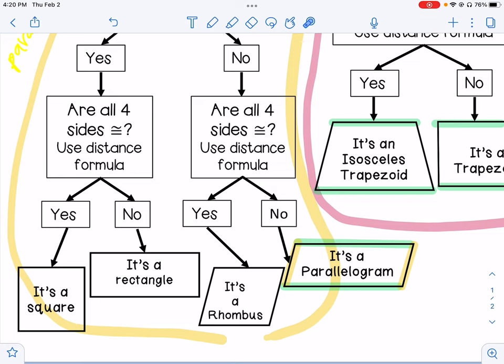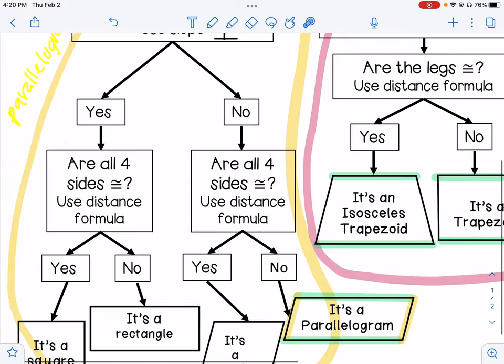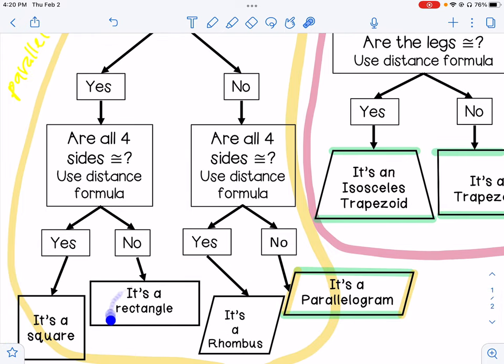Squares and rectangles have angles that are 90 degrees. Rhombuses and parallelograms, their angles are not 90 degrees. So that is your next question. Are they 90 degrees? When it says use slope here, we're asking a question, are they perpendicular? If they are perpendicular, you're going to go into the category of either a square or a rectangle.